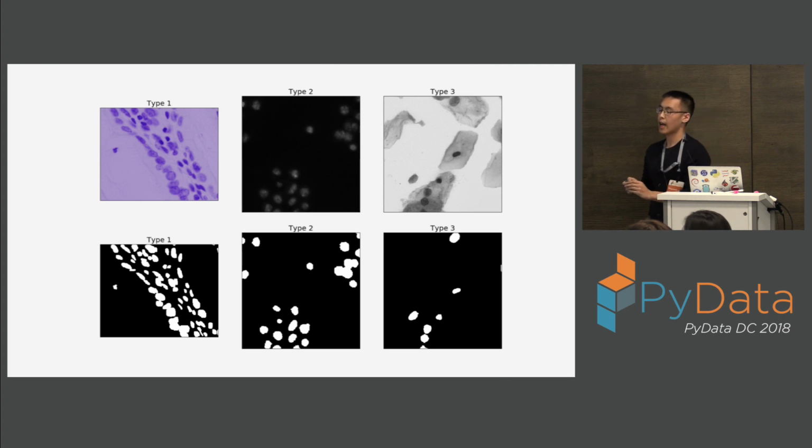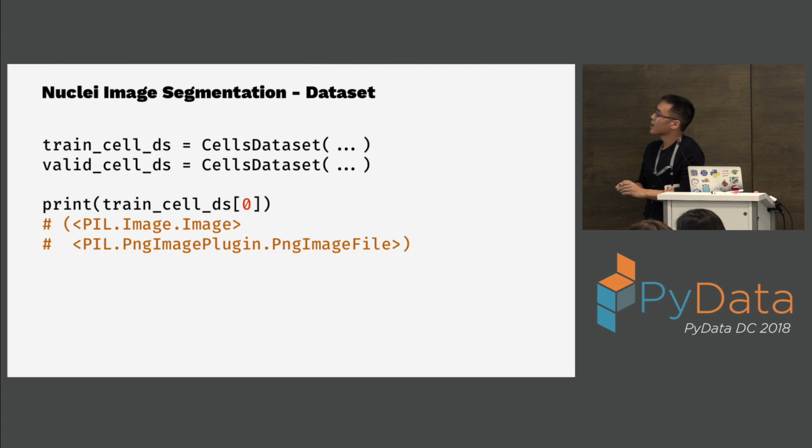In this case, I had to define my own dataset object, which I call CellsDataset. The CellsDataset is also a list-like object where you can index it like a list, and it would spit out a tuple of images and masks. So the first item is the image itself, and the second item is the mask.